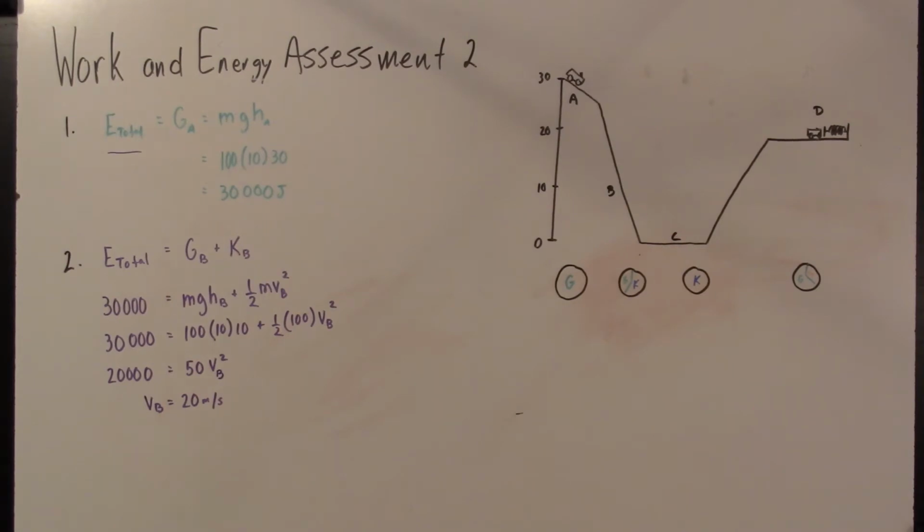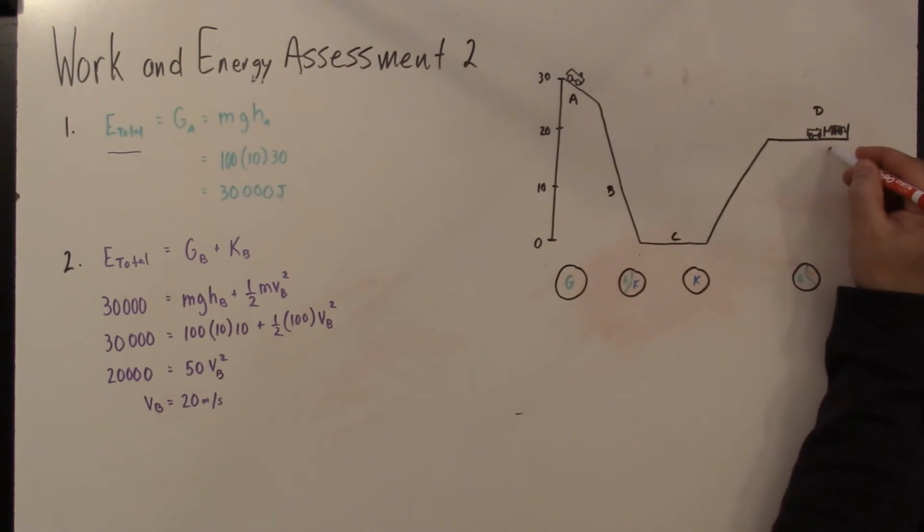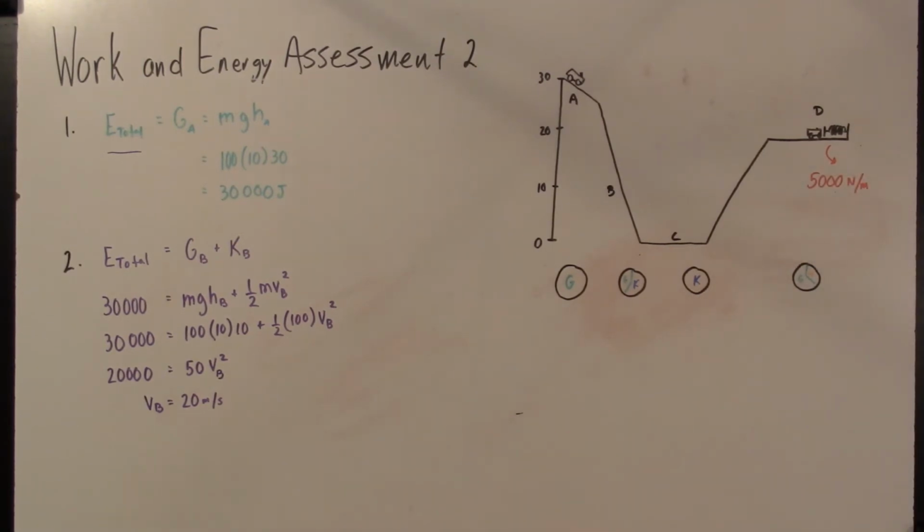Number 3 says, the spring over here has a spring constant of 5,000 newtons per meter. What does that mean? The question says, write a sentence that explains that.